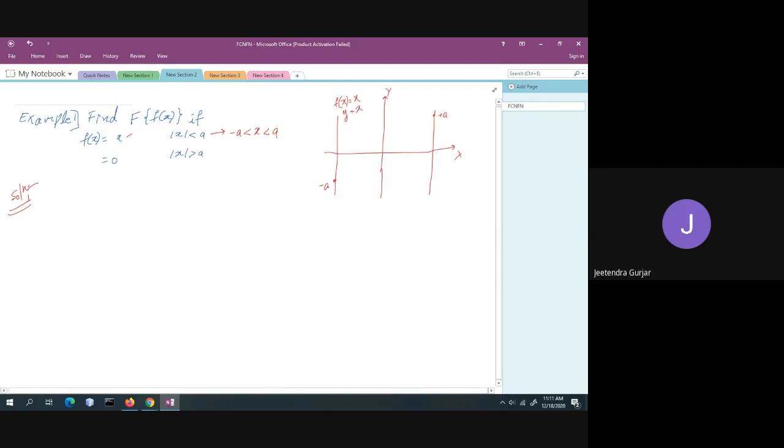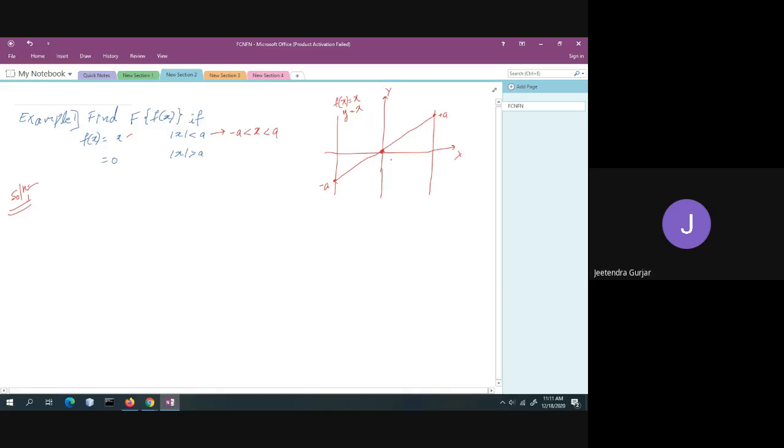If I substitute x equal to 1, 2, 3, 4, 5, x increases and y also increases: 1, 2, 3, 4, 5. Similarly, if I substitute x equal to minus 1, minus 2, minus 3, minus 4, y also goes minus 1, minus 2, minus 3, which means it is a straight line. If x is 0, y will also be 0, so it touches this point and goes there.